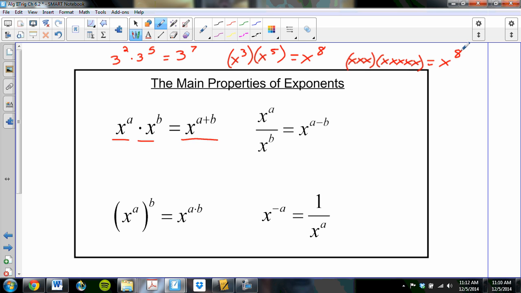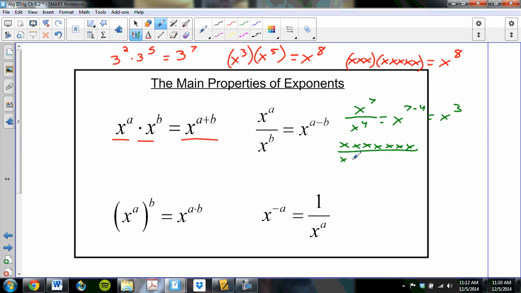Division has a very similar property. If I have like x to the seventh over x to the fourth, I do 7 minus 4, and that becomes x to the third. I just subtract. And again, if you want to think about why that is, x to the seventh would be 1, 2, 3, 4, 5, 6, 7 x's on top.